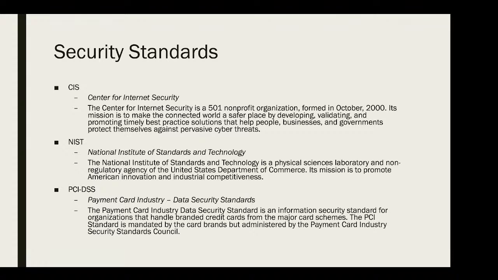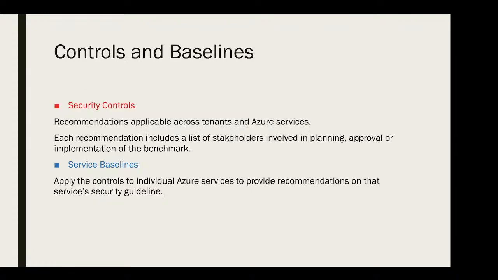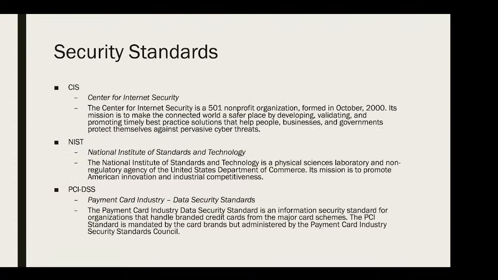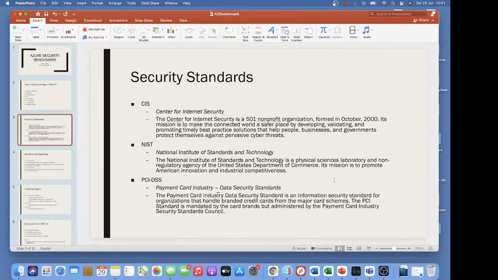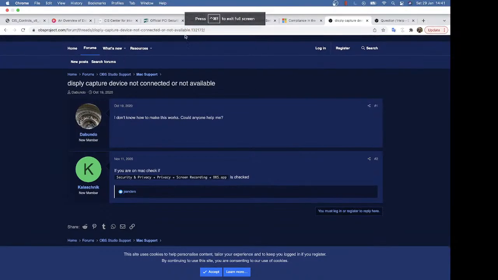The Payment Card Industry Data Security Standard is an information security standard for organizations that handle credit cards, debit cards, and that information. So you have to adhere to them in order to make sure that you are secure within your subscription and so on. All right, so before going to the further sides, I will show some websites.